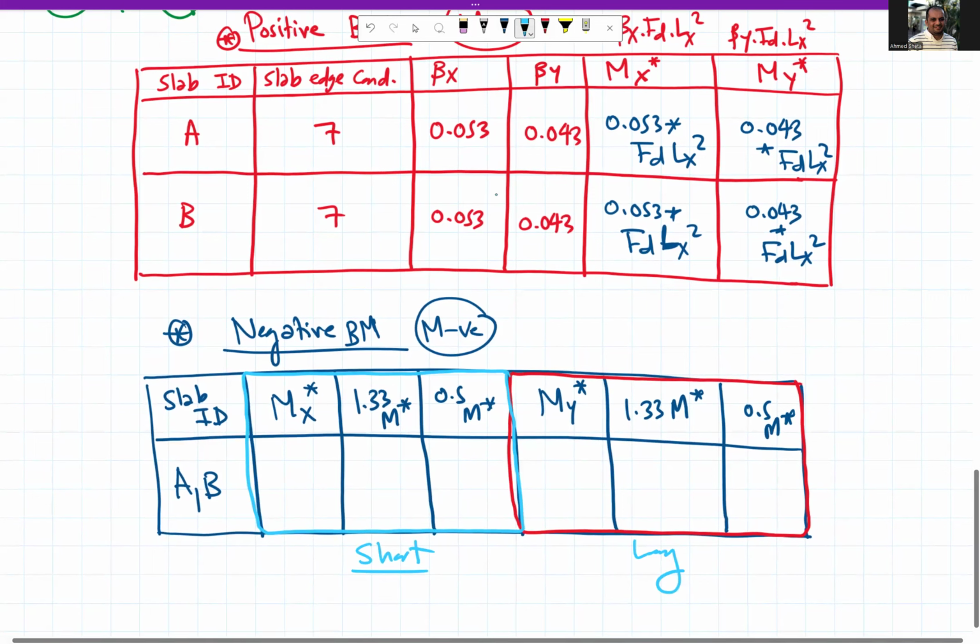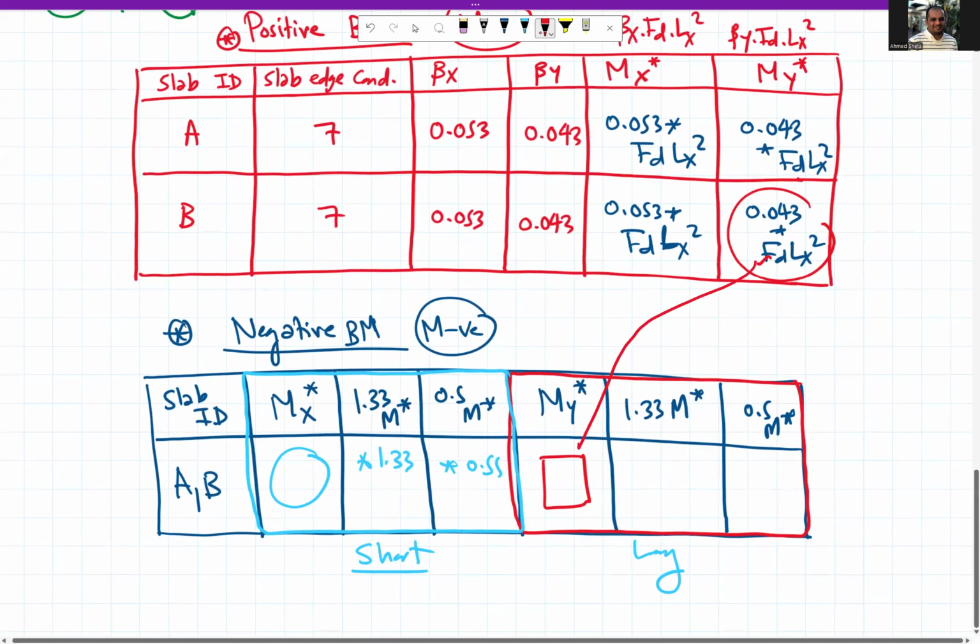The value you get here from the first step, multiply by 1.33 and then multiply by 0.5. And the value you get here from the first step, times 1.33 and times 0.5.